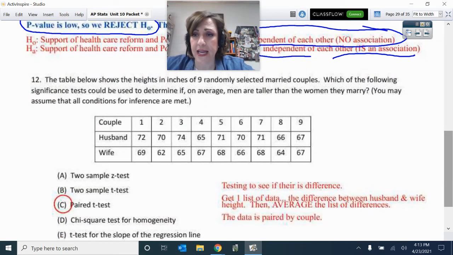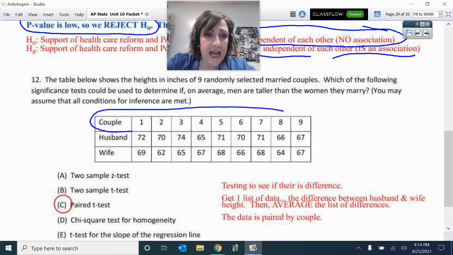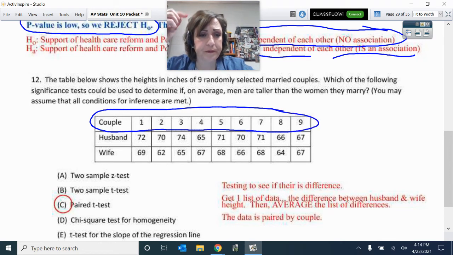Here we were just asking what type of inference is appropriate for this situation. I can see that it looks like I have paired data. It looks like I'm collecting something about both a husband and a wife. That already makes me think about one particular type of inference, matched pairs.